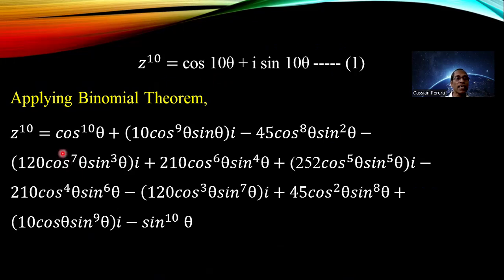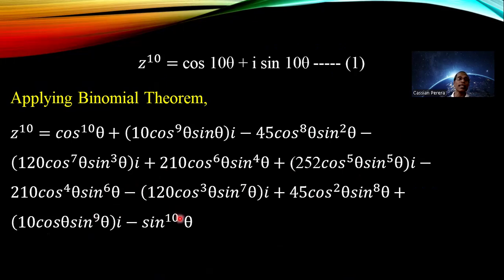We get a huge expression: cos to the power 10, cos to the power 9, down to cos to the power 0, and sin to the power 0, sin to the power 1, up to sin to the power 10.